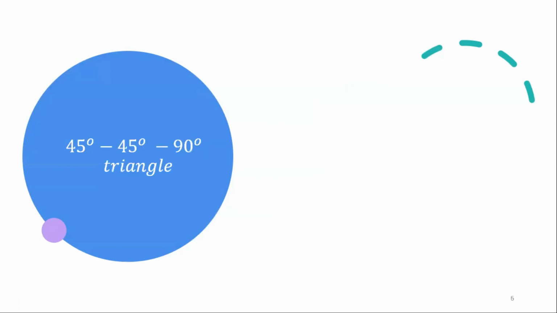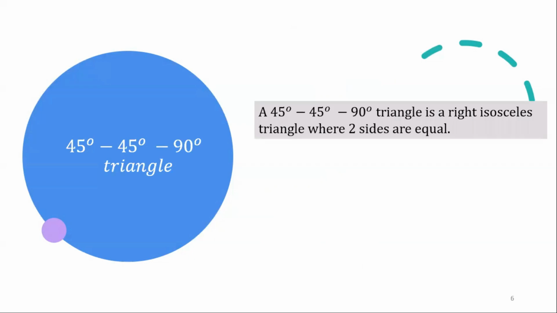Now for a 45 by 45 by 90-degree triangle, it is a right isosceles triangle where two sides are equal. Since two angles are equal, the two sides are also equal. So for example, one side is 1 unit, and the other side is also equal to 1.